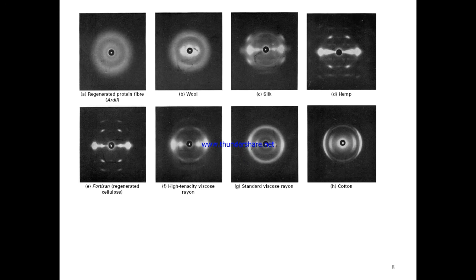But if you want to measure the molecular orientation quantitatively, you need to go for azimuthal scanning and use Hermann's orientation function to calculate the value of the orientation factor fc. Only then can you explain the molecular orientation of all these fibers.